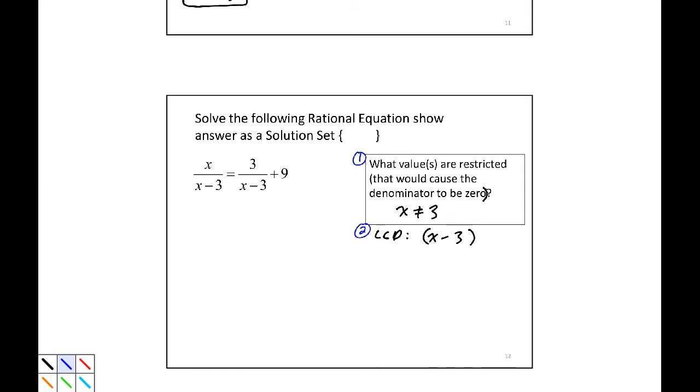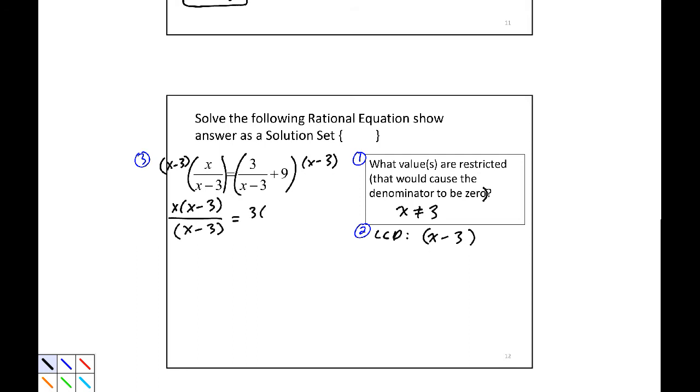So now we're going to multiply by that on every term. Multiply that through and then cancel some things. So this is going to be x times (x minus 3) over (x minus 3), and that really should be in parentheses as well.